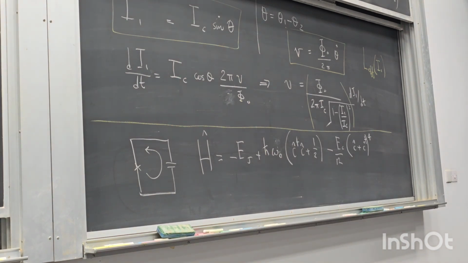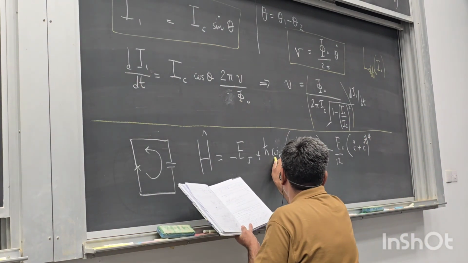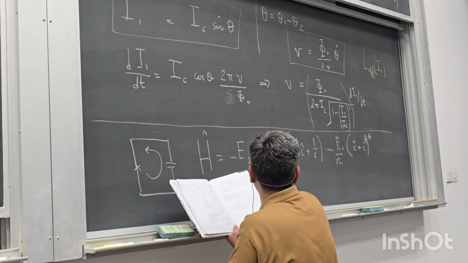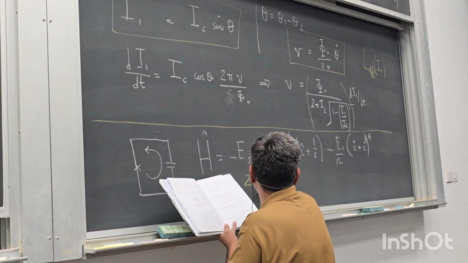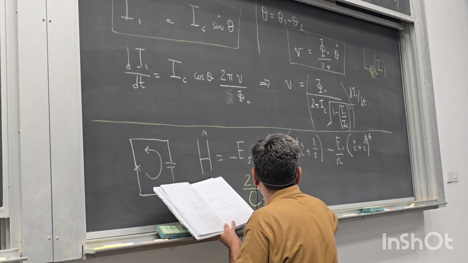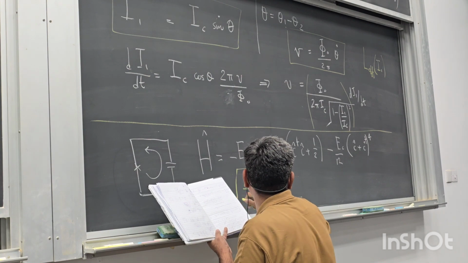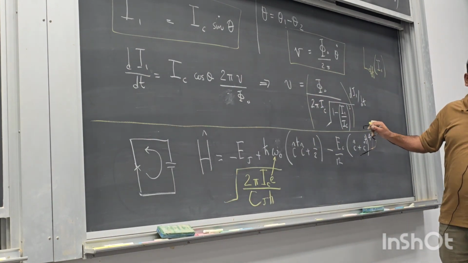Okay, where this term omega naught is 2 pi IC over e C_j h, square root, and EC is some combination of capacitances.